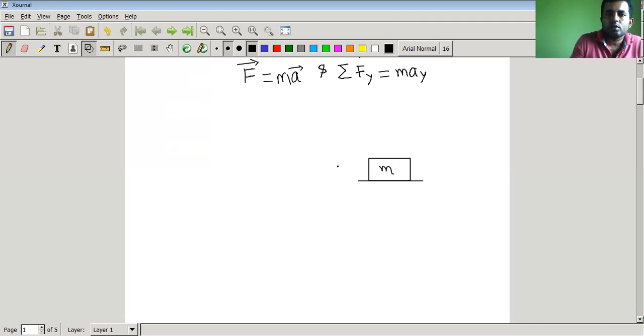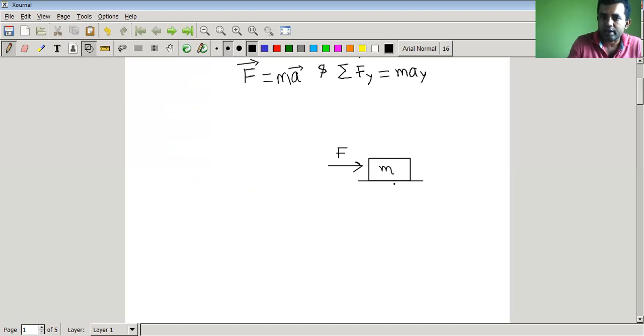Suppose I apply a force in this direction, let us say F, and I ask you what the acceleration is, considering there is no friction. Then it's very easy for you to say that you have decided your system: this is my system.